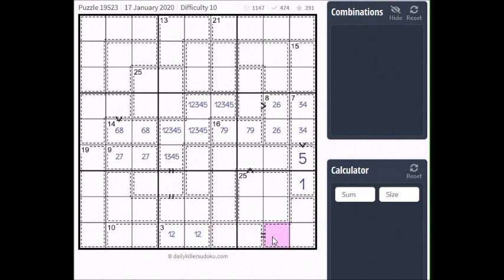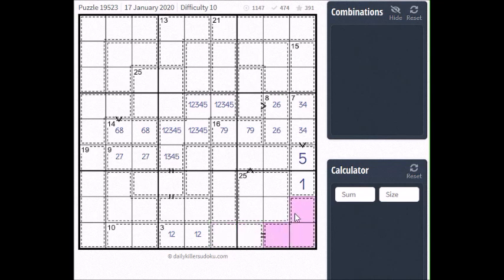So this is not 15 or greater. It may be 14 with a 5 here. If this is 13, then this would also be 13 with 6 and 7, but note that this contradicts with the remaining possibilities here in the 10, because it's not 1, 9, and it's not 2, 8.